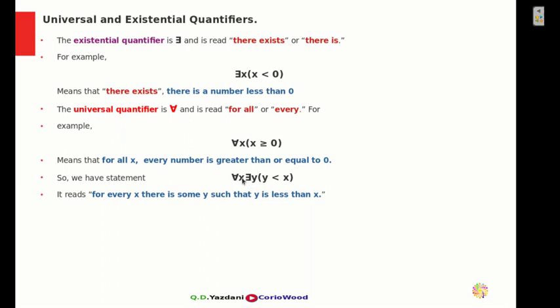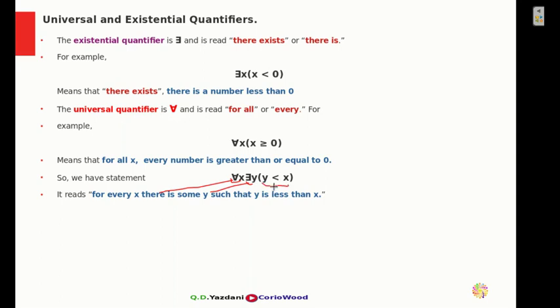So now we have statements, and our statement is for every x there is some y such that y is less than x. So that's how we're going to read for every x. That's the first one, for every x there is some y, and there is some y such that y is less than x.